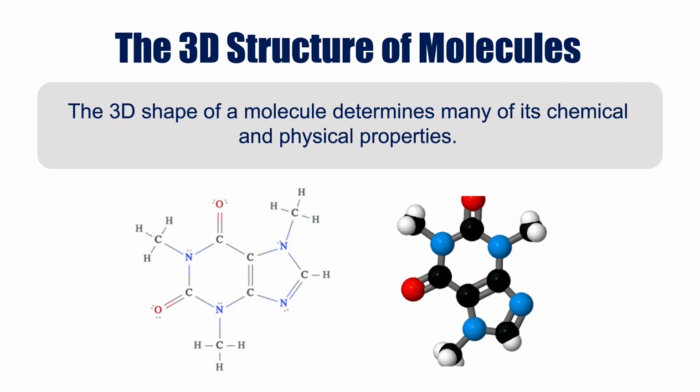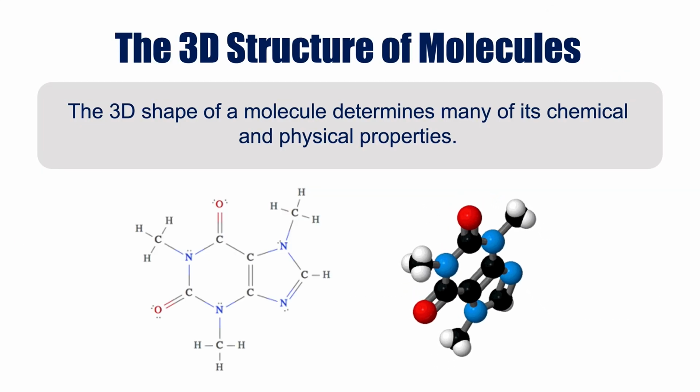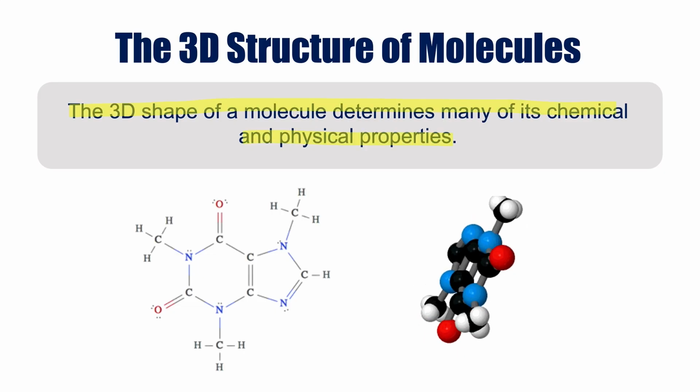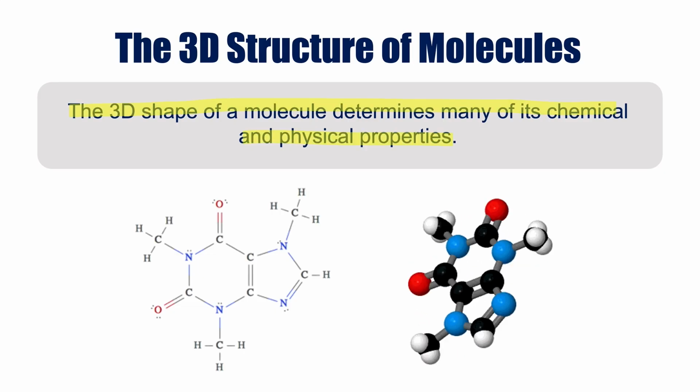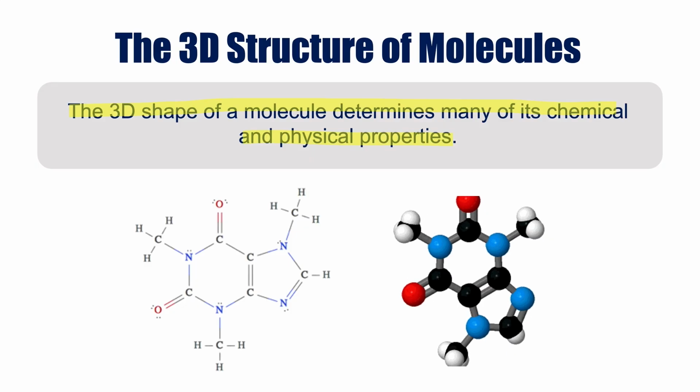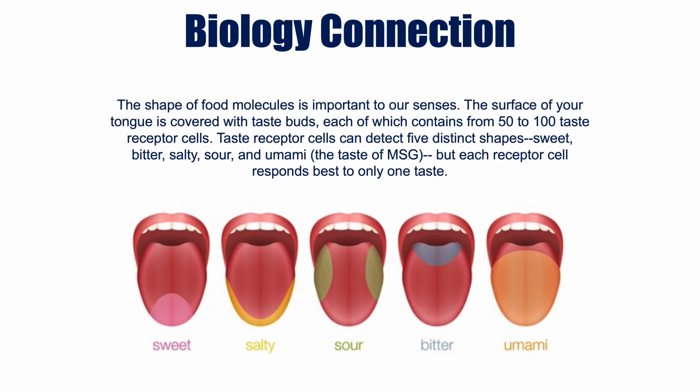All right, so molecules have a certain three-dimensional shape, and that shape is so important because it determines many of that molecule's chemical and physical properties. For example, your tongue has different taste buds. Those taste buds are able to perceive different tastes based off of the shapes of different molecules.